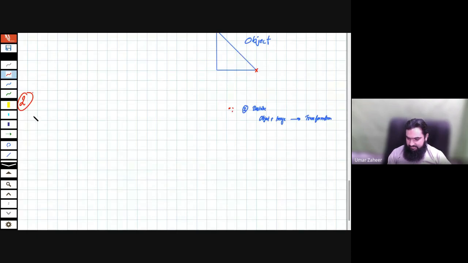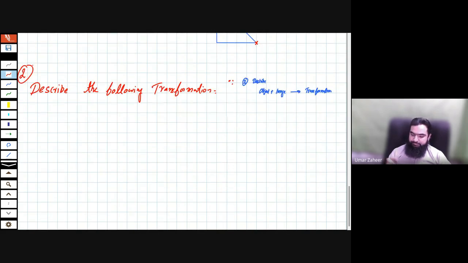So the question is, describe the following transformation. Let's say I'm going to draw one object here. The object can be anything.